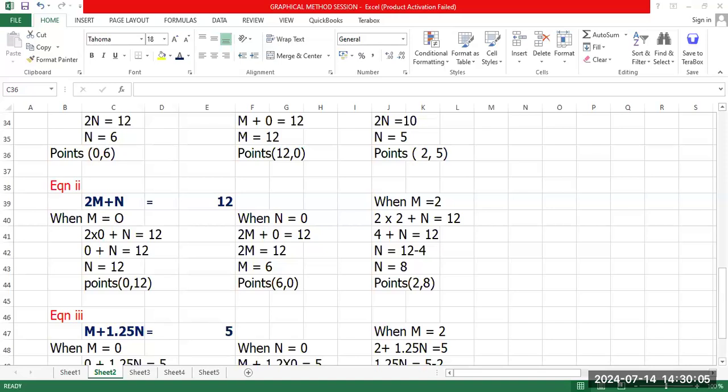You're having your, which screen are you seeing?